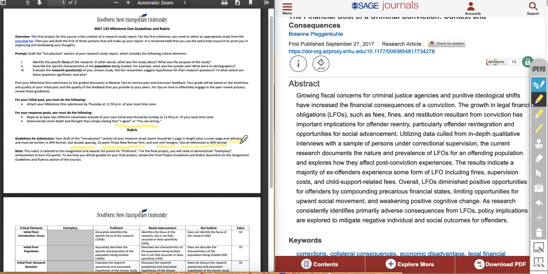So this is important. You want to have that reference already, in APA format, so that will be the 3rd page.